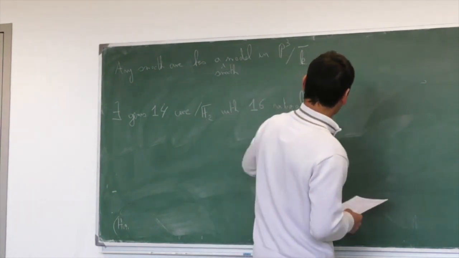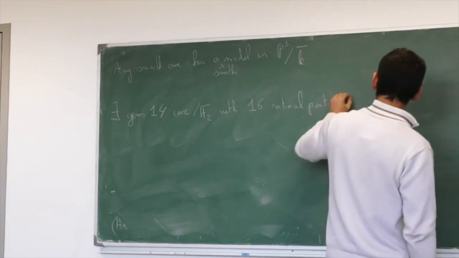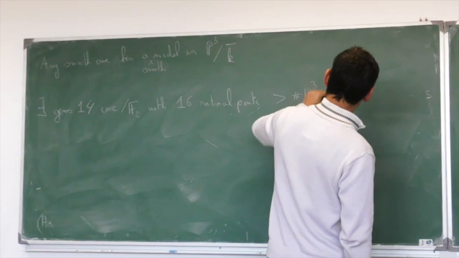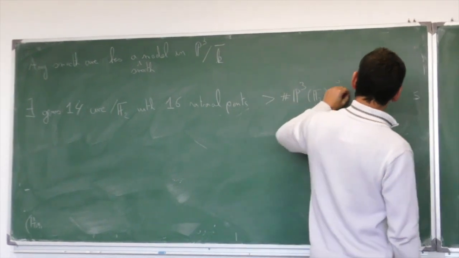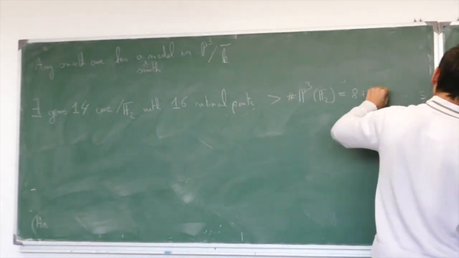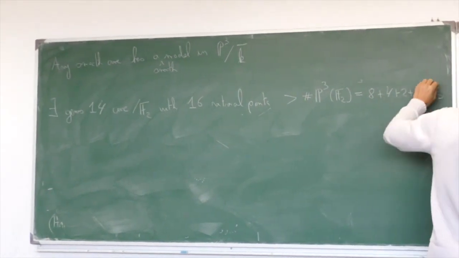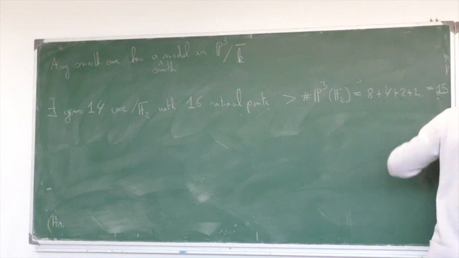And again, why is that a contradiction? Because 16 is bigger than the cardinality of P3 over F2, which is 8 plus 4 plus 2 plus 1, so 12, 14, 15. Okay?